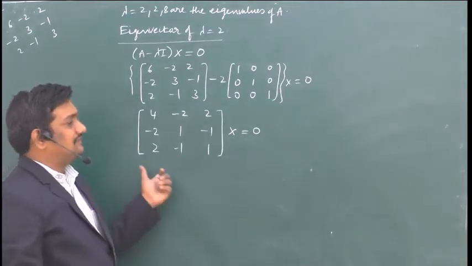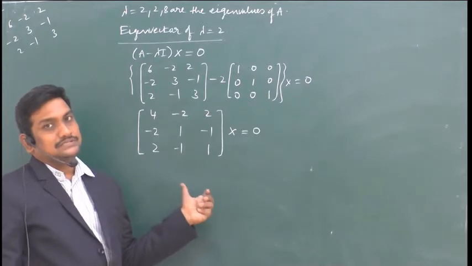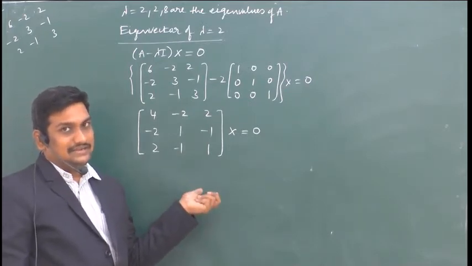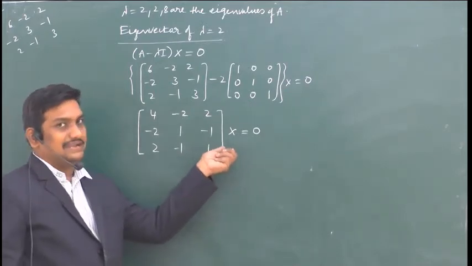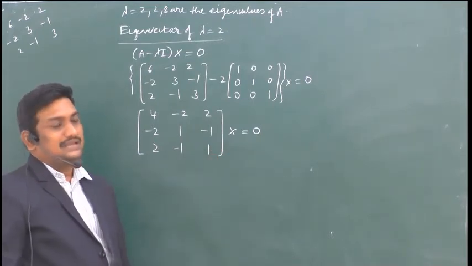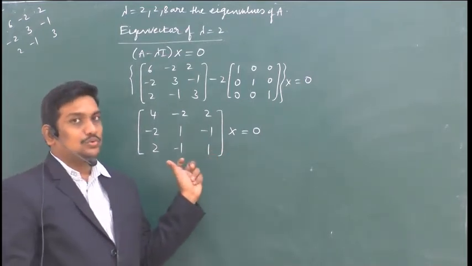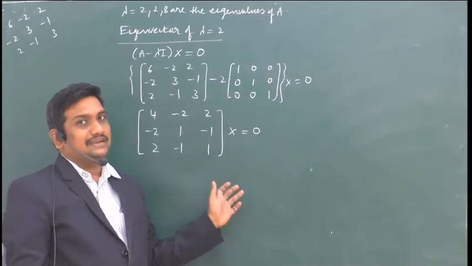Now you need to solve this homogeneous system so that you will get a solution matrix capital X, the eigenvector. From this step there are 2 ways to find the eigenvector.